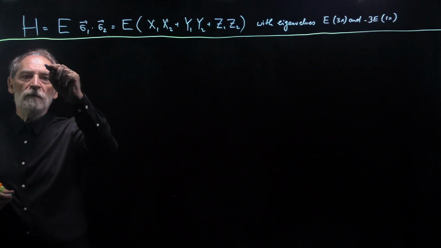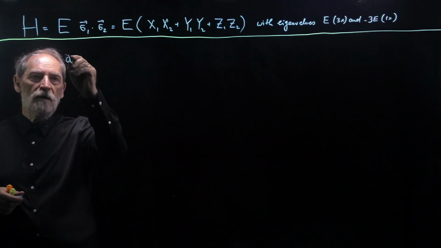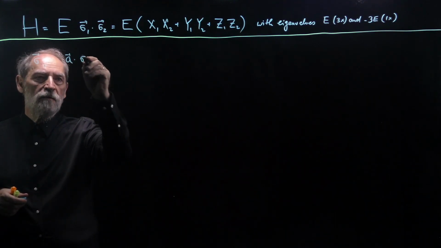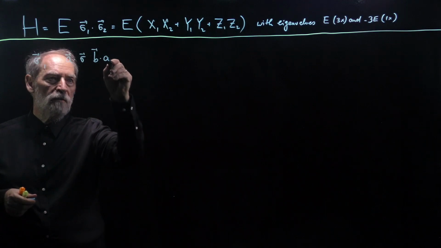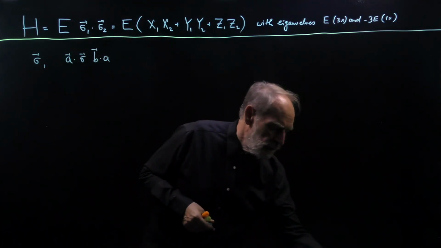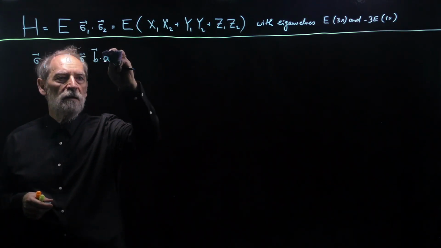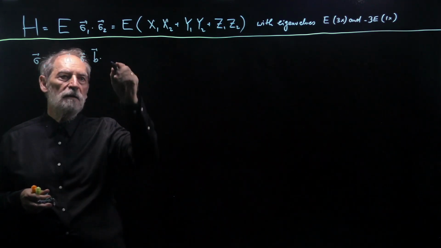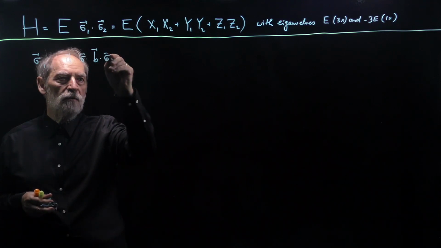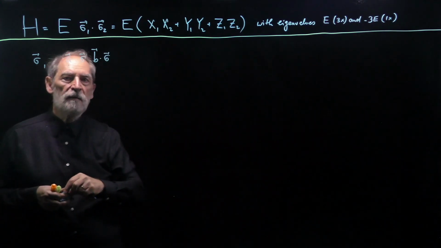So what we remember from previous lectures is I take two components of this Pauli vector operator, one in the direction of the numerical vector A, and one in the direction specified by the numerical vector B. So A and B are not operators, they are numbers.